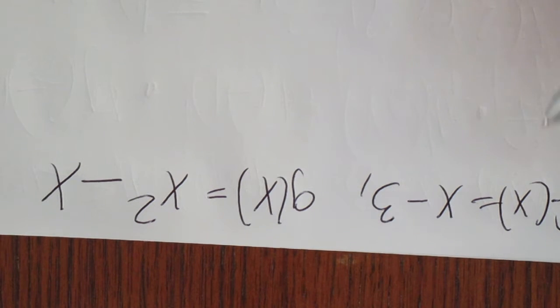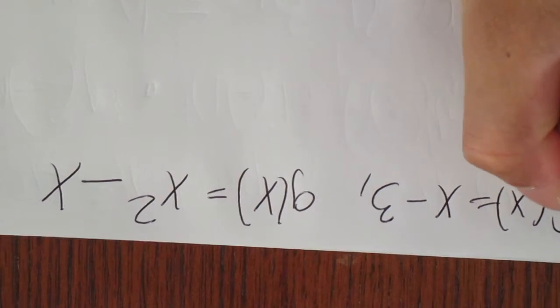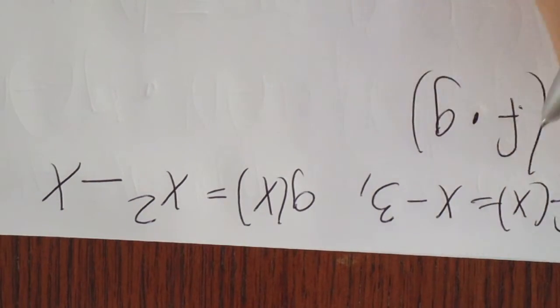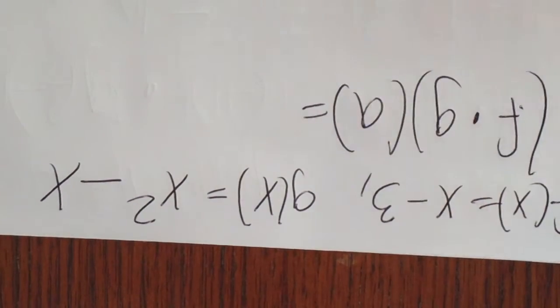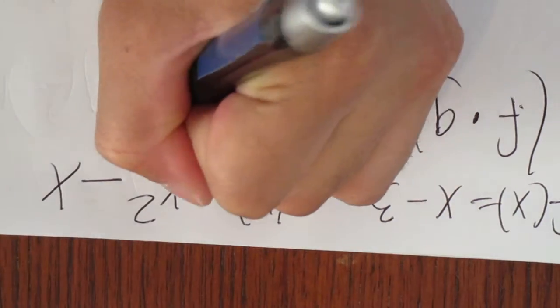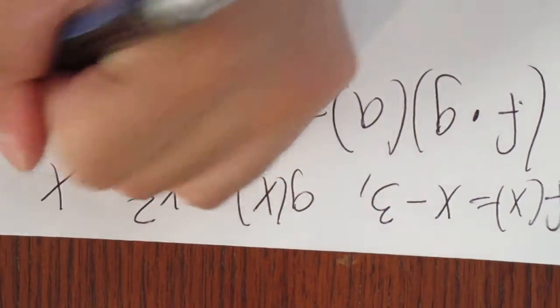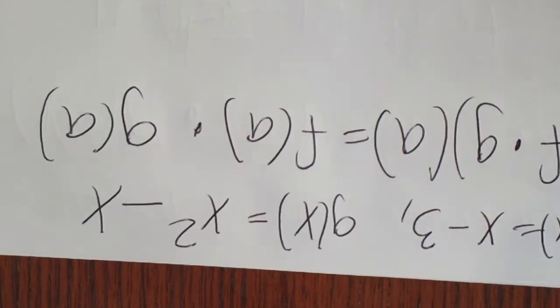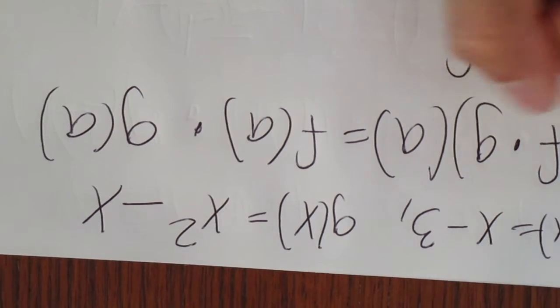They want to know what is f times g of a. So simplify that: it equals f of a times g of a. So first step, find f of a.